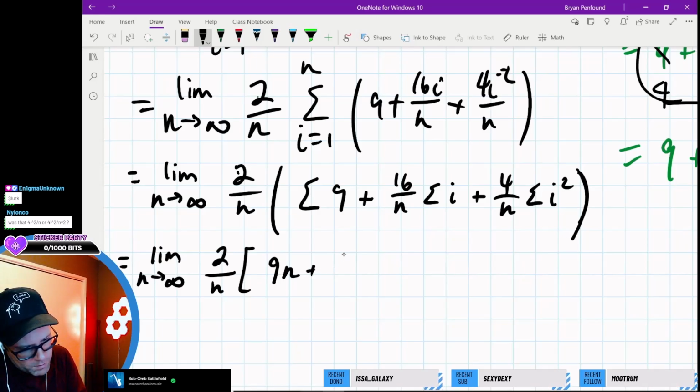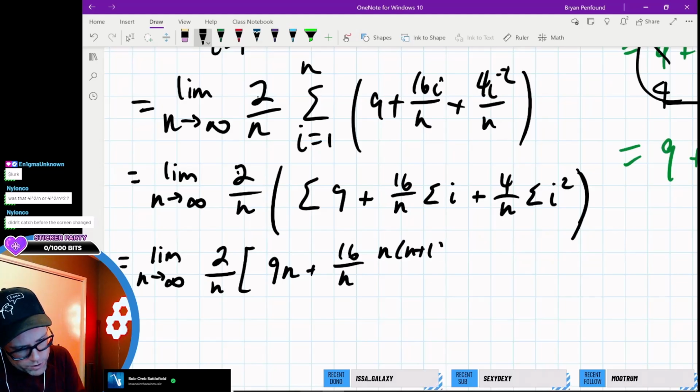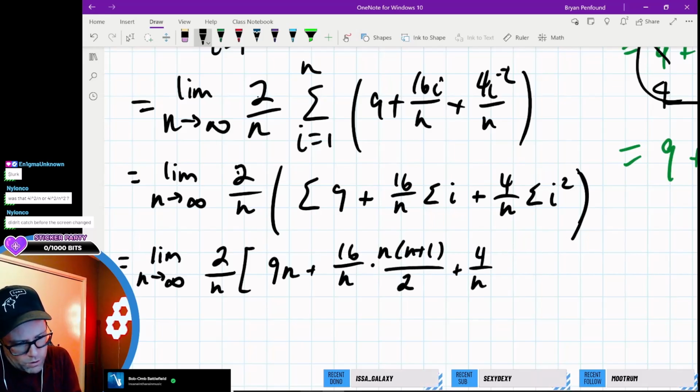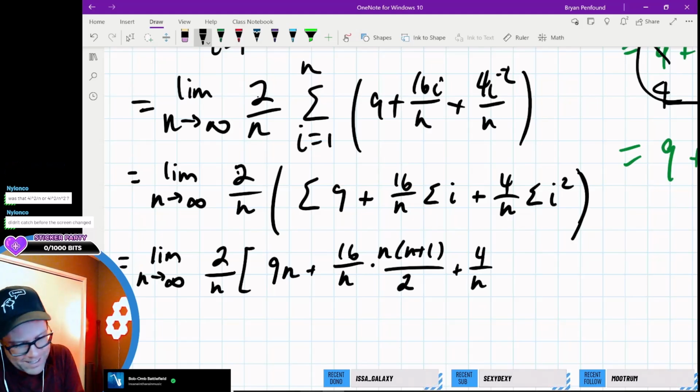For the sum of i we get 16n, this is n plus 1 over 2. And then this is going to be, oh gosh, n. No, what is this one? Oh, I always forget i squared.